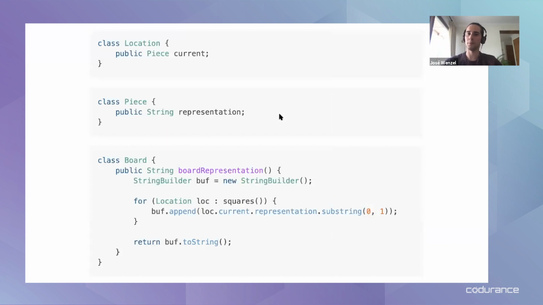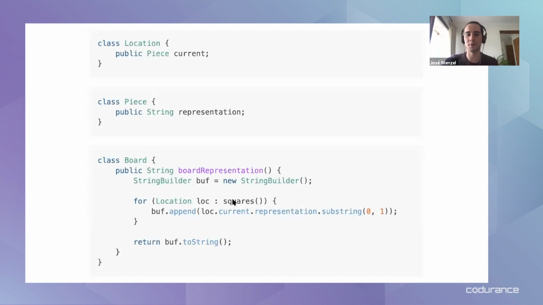So for this one, I have a small example. I have these three classes. Again, regarding mutability, it's okay-ish to have a public attribute in piece and location, I guess, because having a public property or a private one with setters and getters is basically the same.